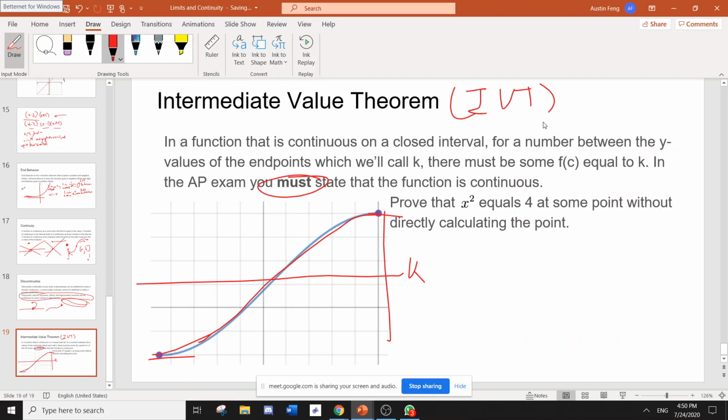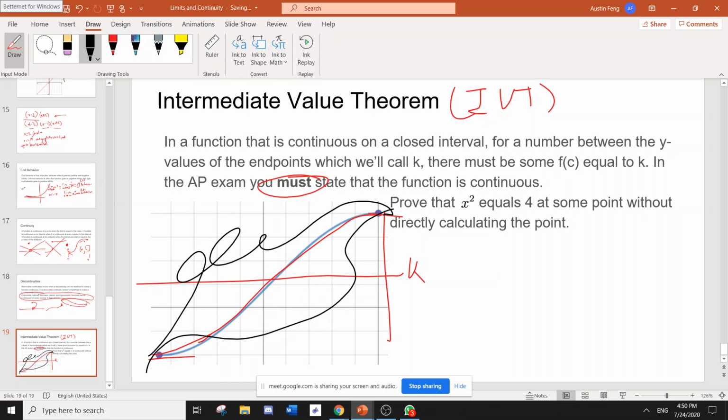So a good way to visualize this is, let's say your function is like a rope, right? You can morph it, twist it, turn it, you can do all these weird things to it, but you can't cut it, because we're saying our function is continuous. And then we have this barrier, and your endpoints are on two sides.